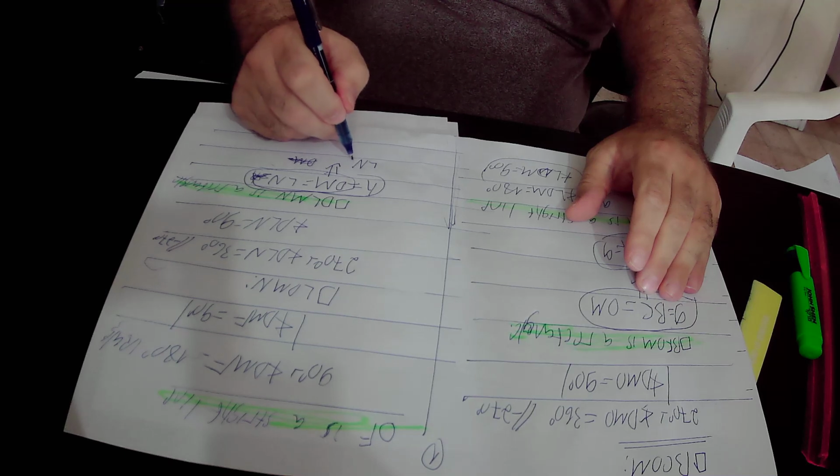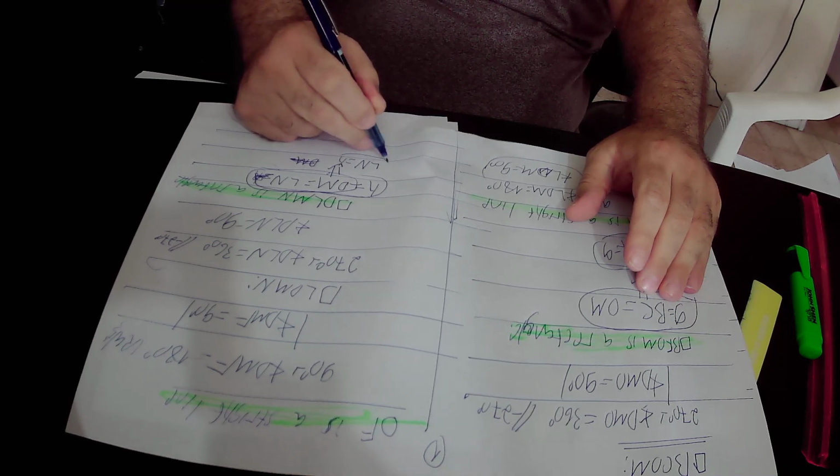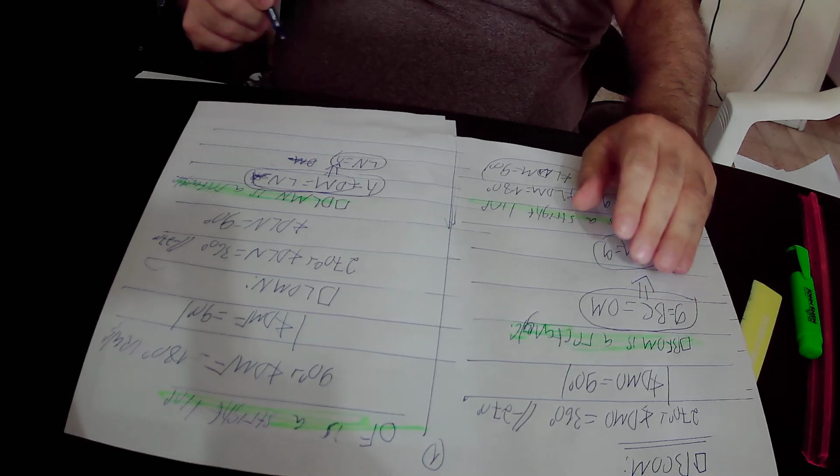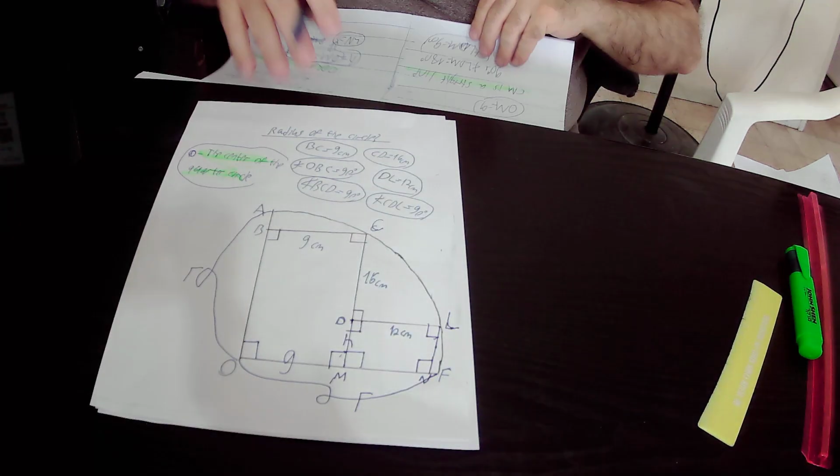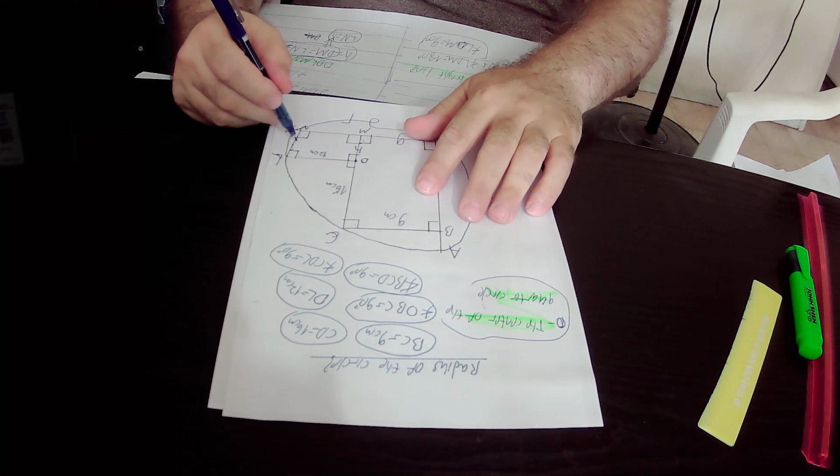Here edge equals DM equals LN. Side LN is also equal to edge.